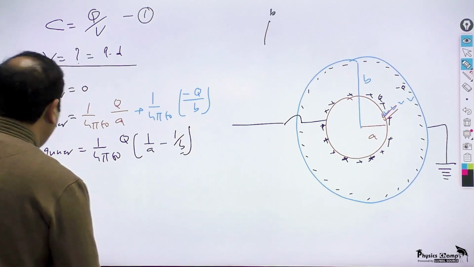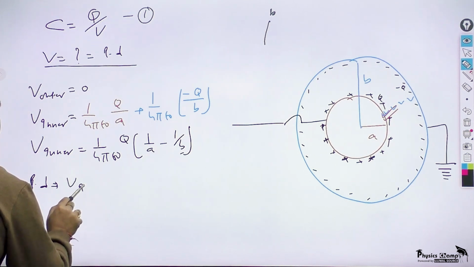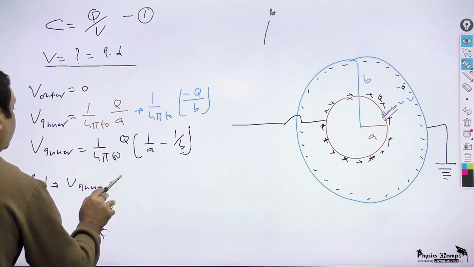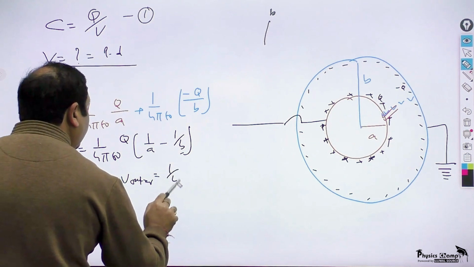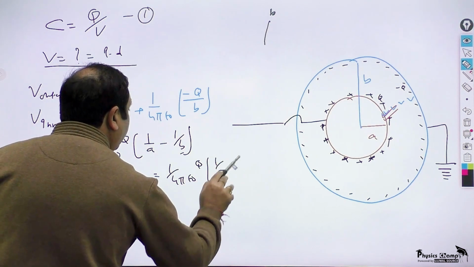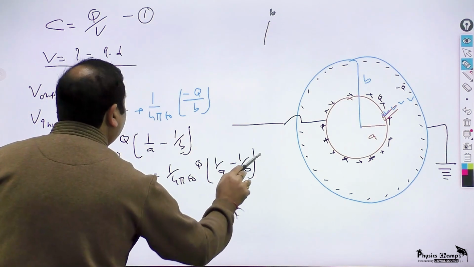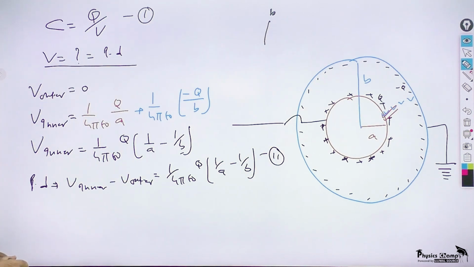So what is the potential difference then? Potential difference is V inner minus V outer. It comes out to be 1 by 4 pi epsilon naught Q, 1 by A minus 1 by B. This is the potential difference. Now we introduce equation second in 1.